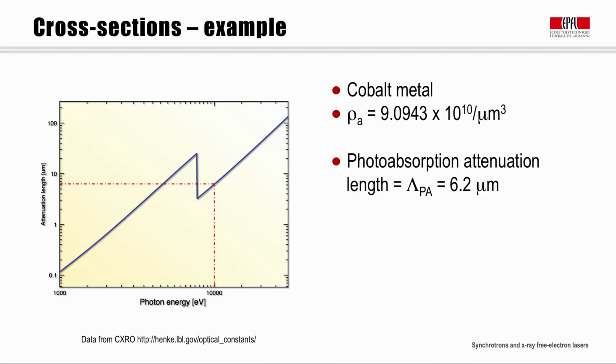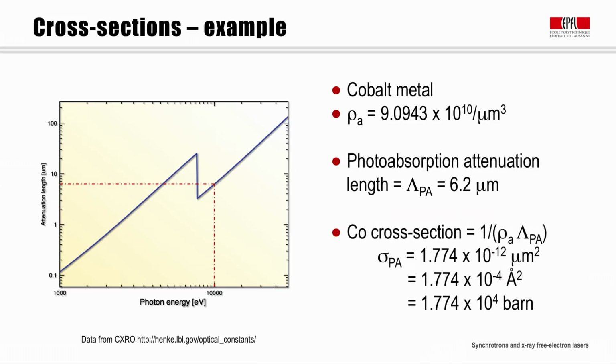The graph on the left of the photoabsorption attenuation length shows this to be 6.2 microns at 10 kiloelectron volts. Using the equation from the previous slide, we obtain a photoabsorption cross-section σPA of 1.77 times 10 to the minus 12 square microns.